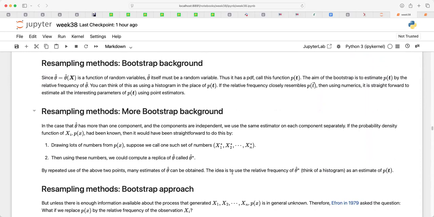So let me bring up the whiteboard first, and I'm going to present to you the bootstrap method, which is a very popular resampling technique.